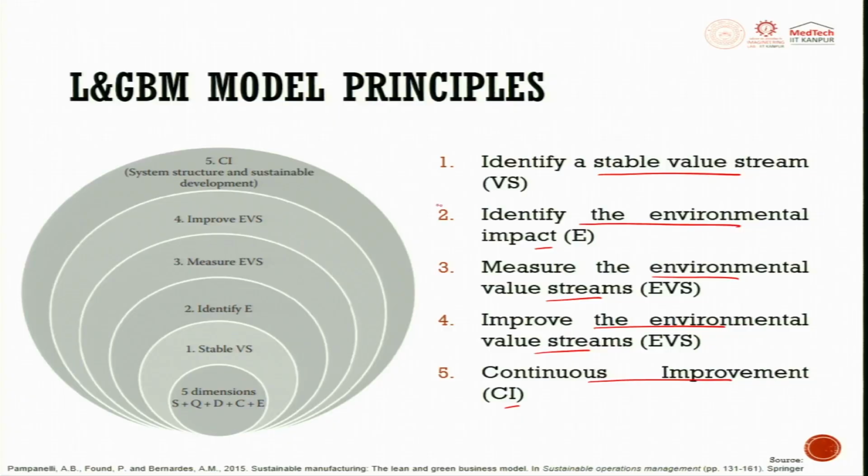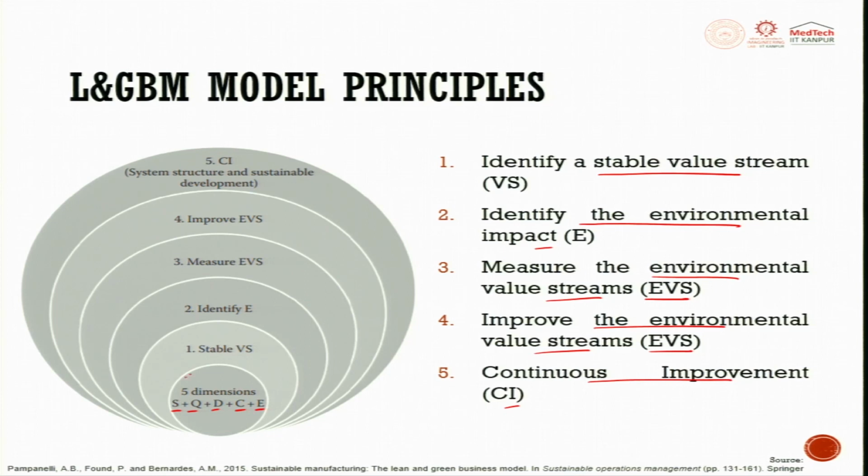Similarly, the model provided by these researchers says identify the environmental impact as well when you are trying to put the value streams. So they call it EVS, environmental value streams. They improve the environmental value streams, then improve continuously. This is how it goes. They say all the dimensions, safety, quality, delivery, cost and environment, all 5 dimensions are taken into account.